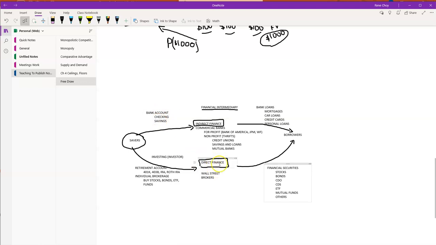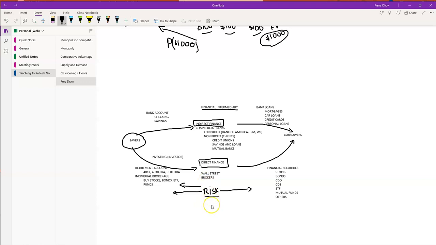When you're in direct finance, the person here in the middle is basically just the person who puts this market together with this market, and then you are the one who takes the risk. So the broker is just there to create the transaction, but the risk is being transferred to you as soon as the transaction happens. The broker is just like the middleman to make it happen.